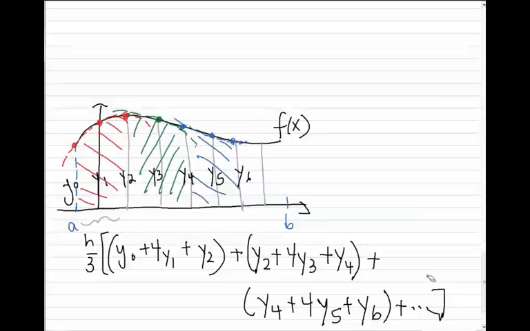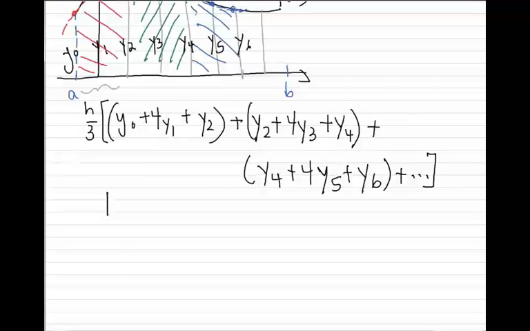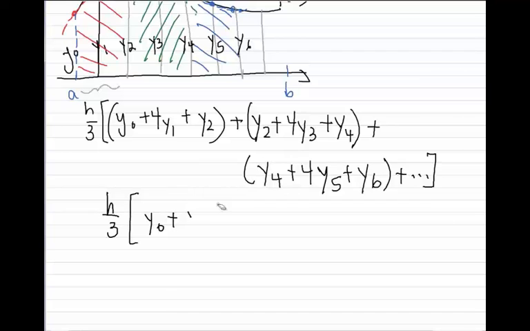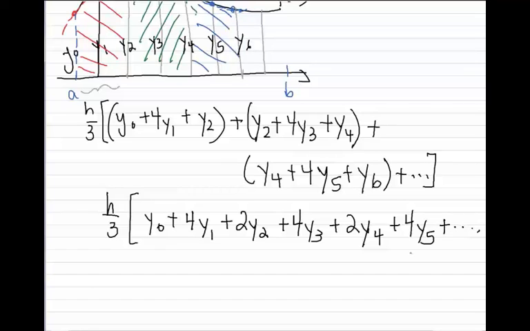and so on. So I hope you can see that I can actually combine some like terms here and clean this up and make it y sub 0 plus 4y1 plus 2y2 plus 4y3 plus 2y4 plus 4y5 plus, and so on. And it's going to go all the way till the end and be 4 times y sub n minus 1 plus y sub n.